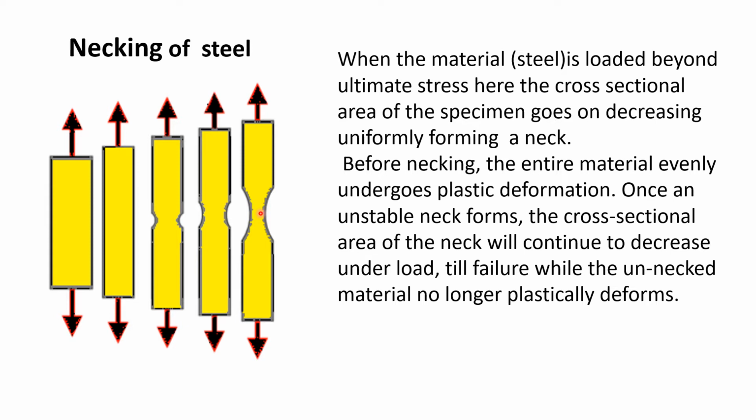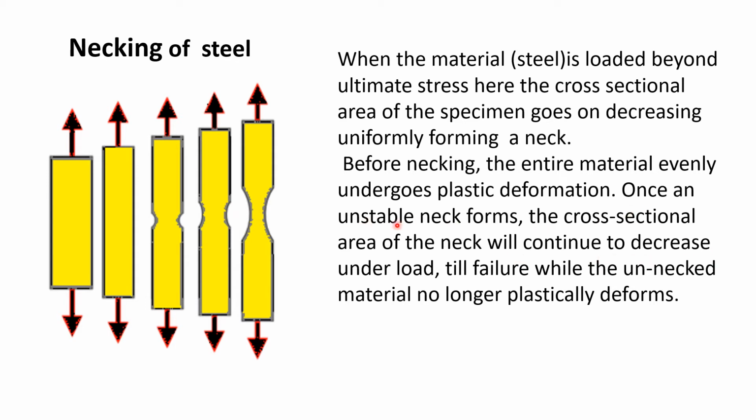When the experiment is performed in the lab, and we reach the ultimate load, and after that the load starts decreasing, if we observe the bar carefully, we can see this neck forming, and this shape comes to the bar. This is known as neck forming.